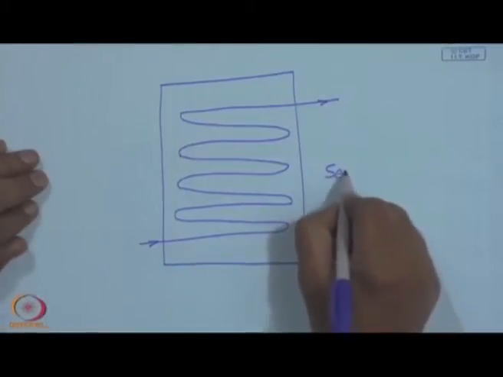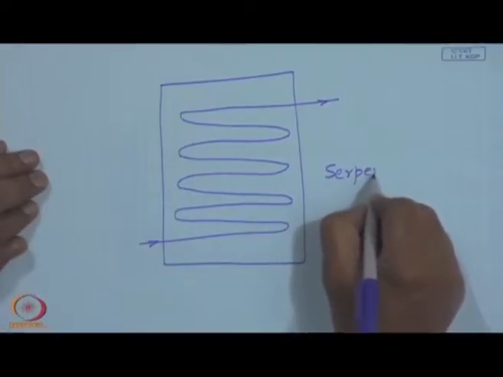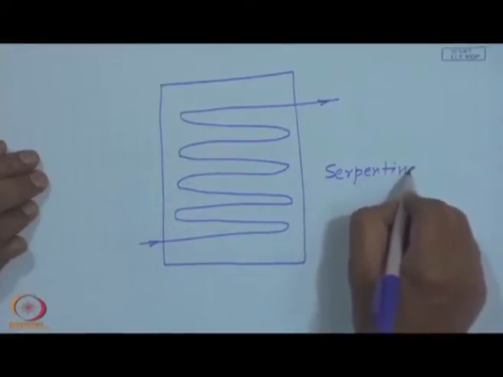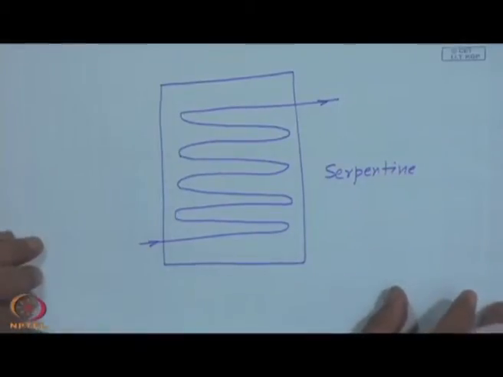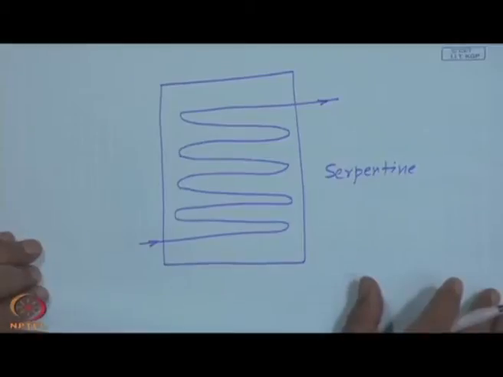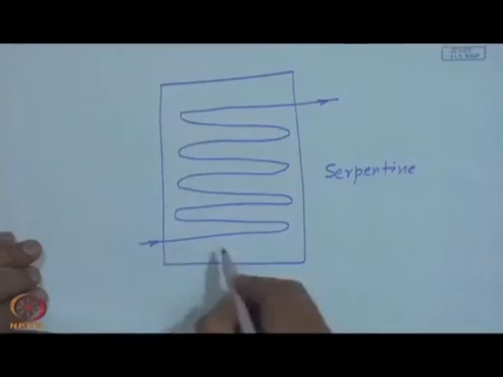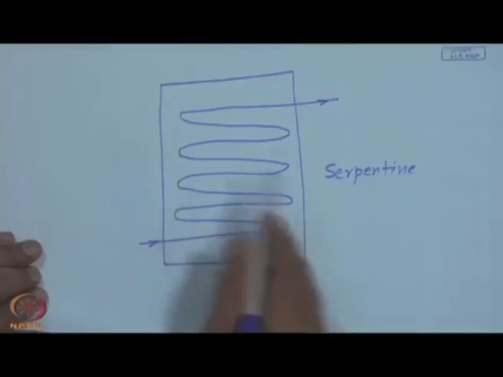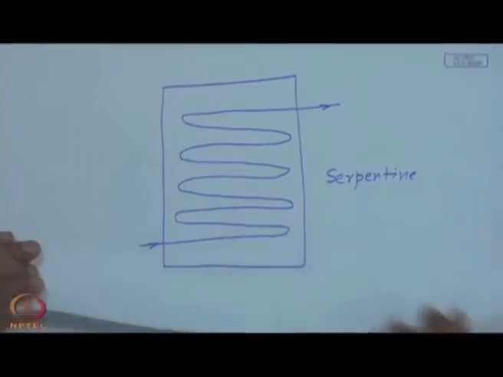This is a serpentine absorber. The difference between these two is that the total flow rate is divided equally among the number of tubes in the configurations we have shown earlier, and in this case the entire flow goes through the tube. So, this may lead to a higher pressure loss, though there may be some other advantage in terms of heat exchange.